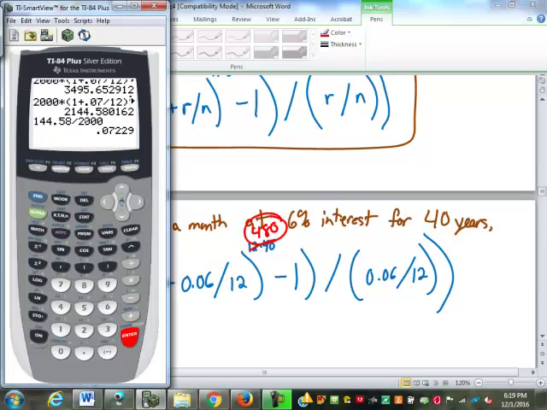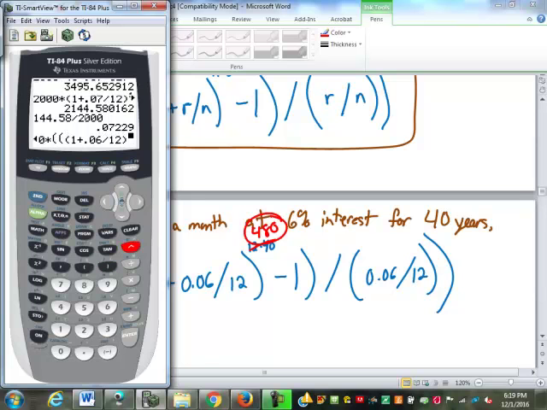So on my calculator, 50 times 1, 2, 3. This is another spot where having the 2-line display helps, because on the 1-line display, it's hard to tell whether you hit it 3 times or not. 1 plus 0.06 divided by 12, close parentheses. Now I'm going to have you pay attention to me here for a second. To the power of 480. Some of your calculators will work like mine here.